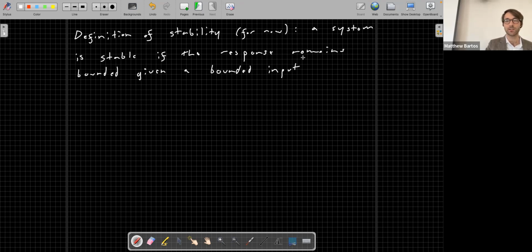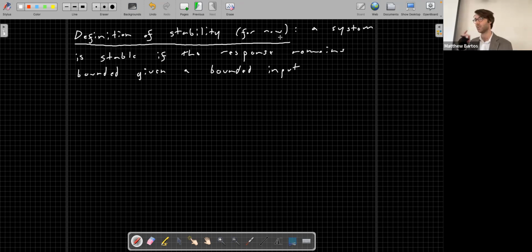So this is a particular definition of stability that I'm just going to use conceptually for now. This is actually called BIBO stability, or bounded input, bounded output stability, which we'll talk about a little bit later. But just for the purposes of thinking about stability right now, think about the system as being stable if it remains bounded given a bounded input, meaning that the input is not infinite.